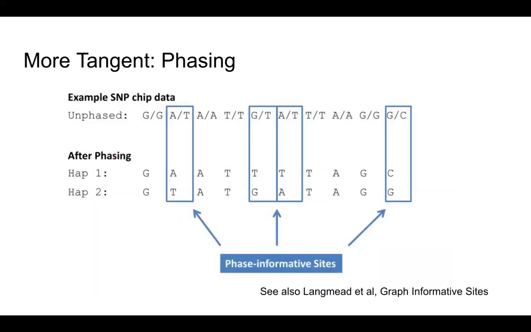Phasing is when you know which nucleotides are on which strands. That's a useful thing. Then you have informative sites that will tell you which haplotypes you have phased. These are similar to graph informative sites, and Ben Langmead at Hopkins has been doing a lot of work on that type of stuff lately.